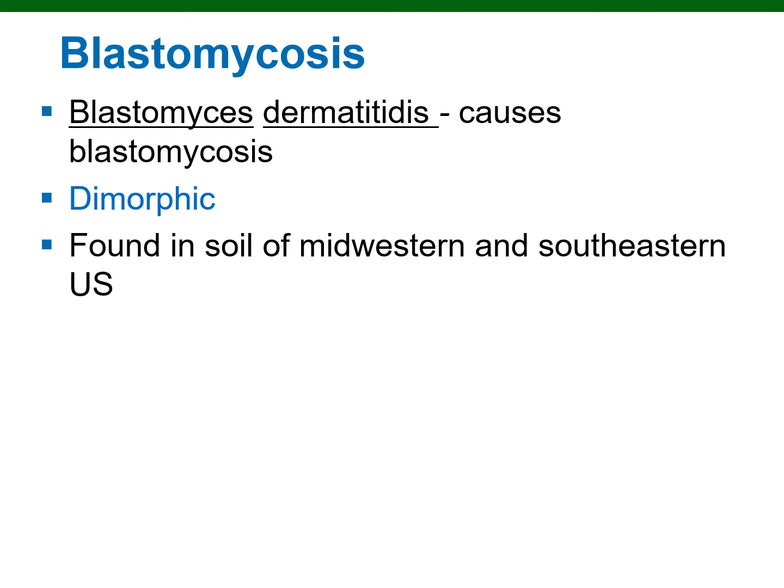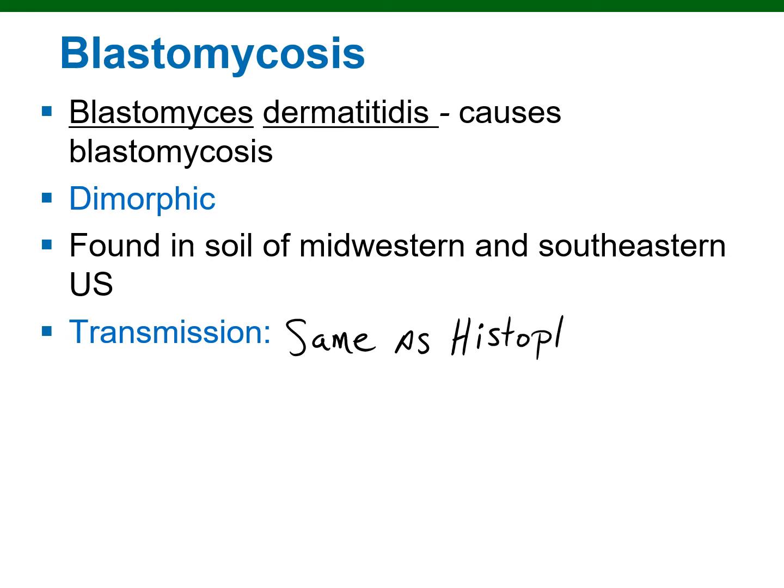And it's been found in many soil samples in the Midwest and southeastern United States, so it's not here in California, just like we also are not at risk for histoplasmosis in California. And transmission is basically the same as what we see for histoplasmosis. So I'll write here, same as histoplasmosis, but with one exception.